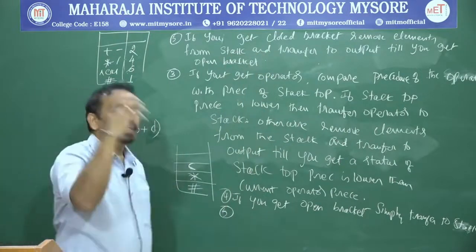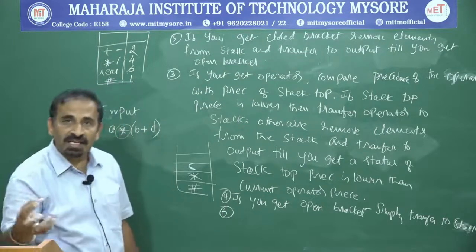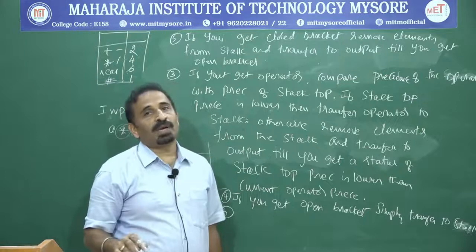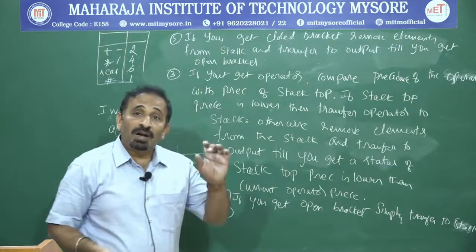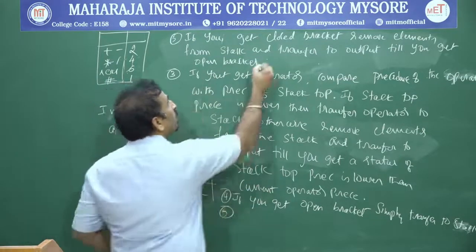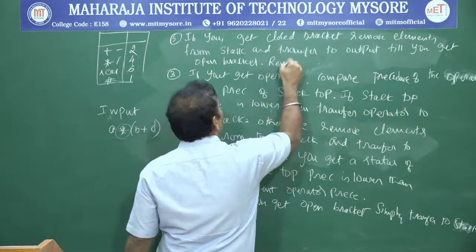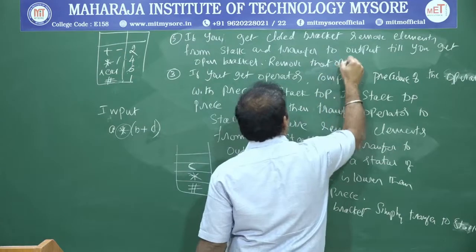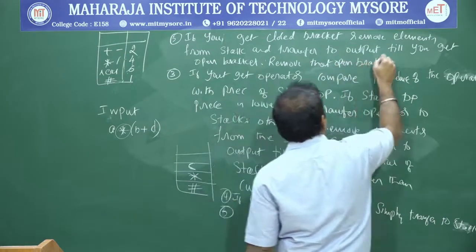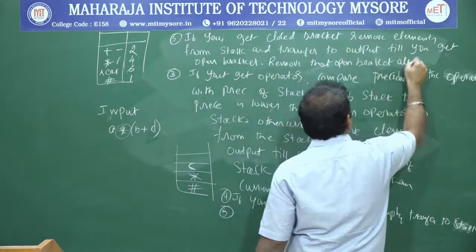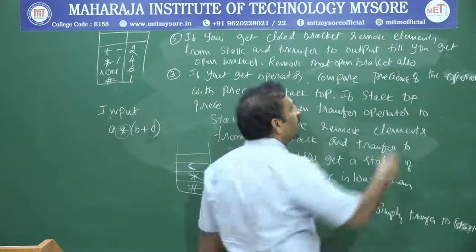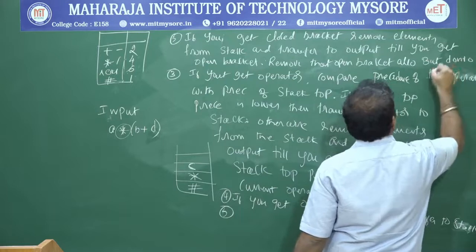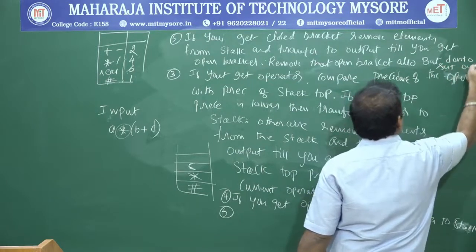So, keep removing elements from the stack, post it to output till you get open bracket. Once you get open bracket, remove that open bracket also, but don't send it to output.